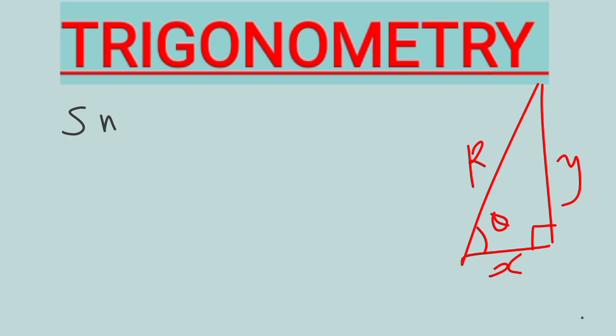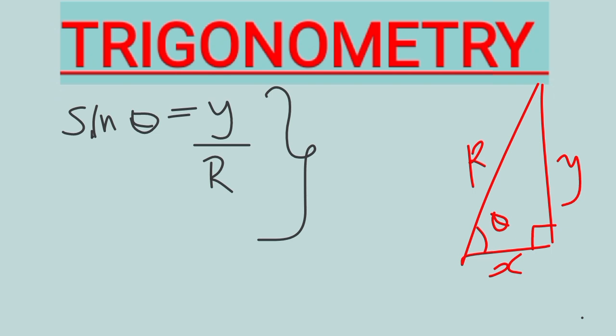So sine theta will be equal to opposite over hypotenuse. The opposite side there is y, and the hypotenuse side there is r. So this is now how the ratio of sine theta is going to be.